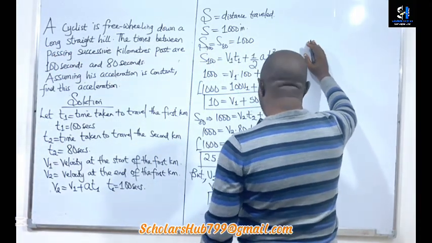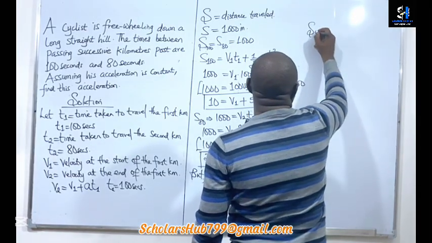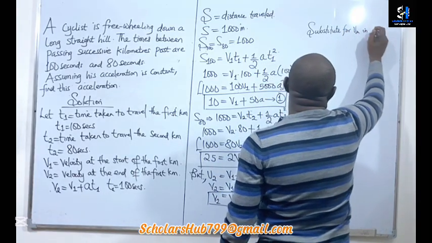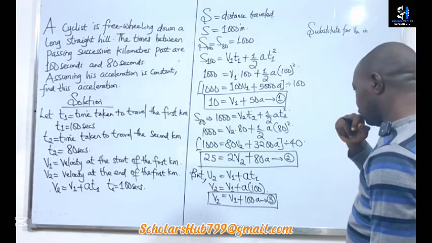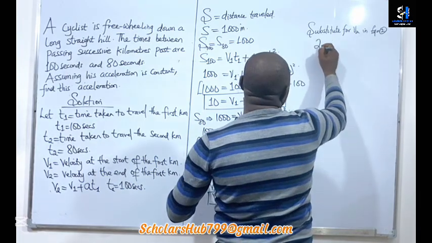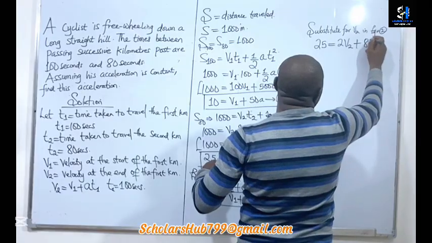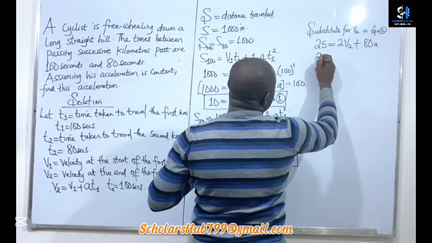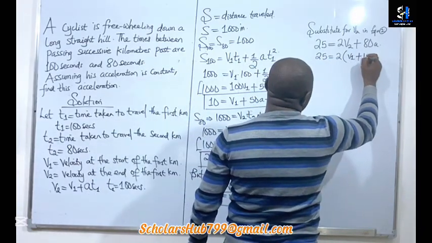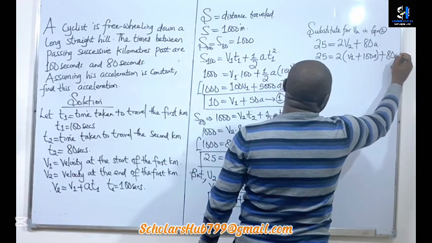So let's do some substitution in this case. Substitute for V2 in equation 2. We have equation 2 to be 25 equals 2V2 plus 80A. So 25 will be 2 multiplied by V1 plus 100A, plus 80A.